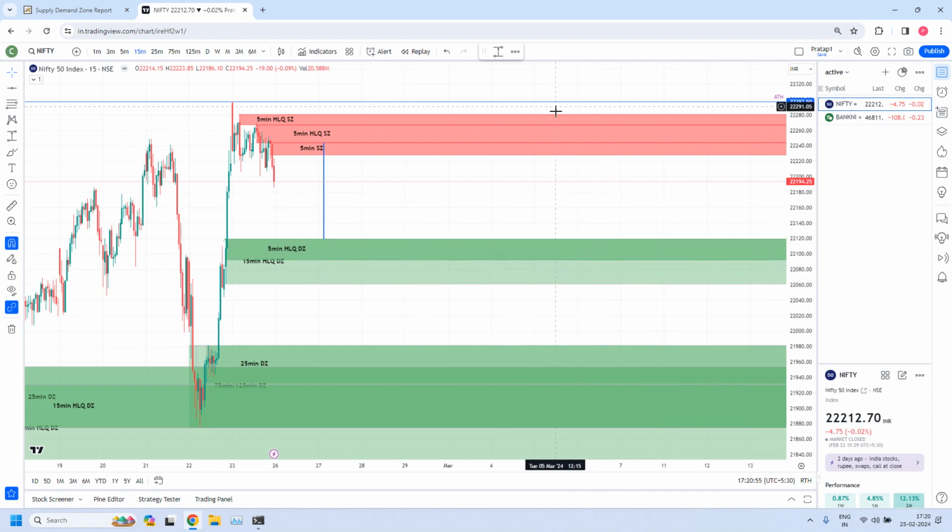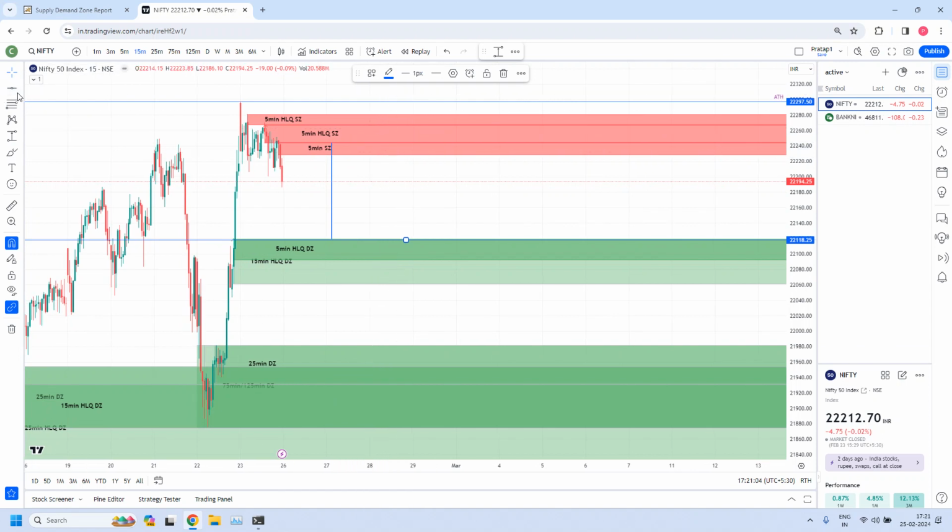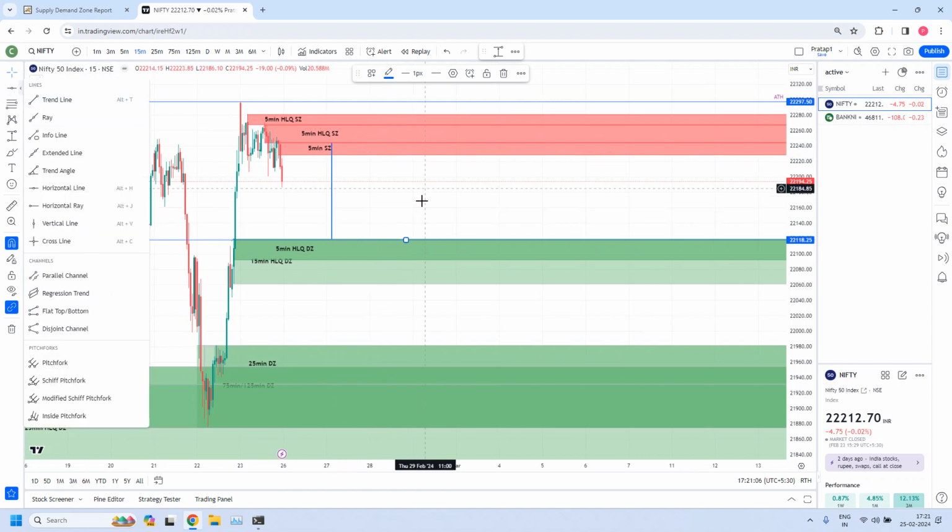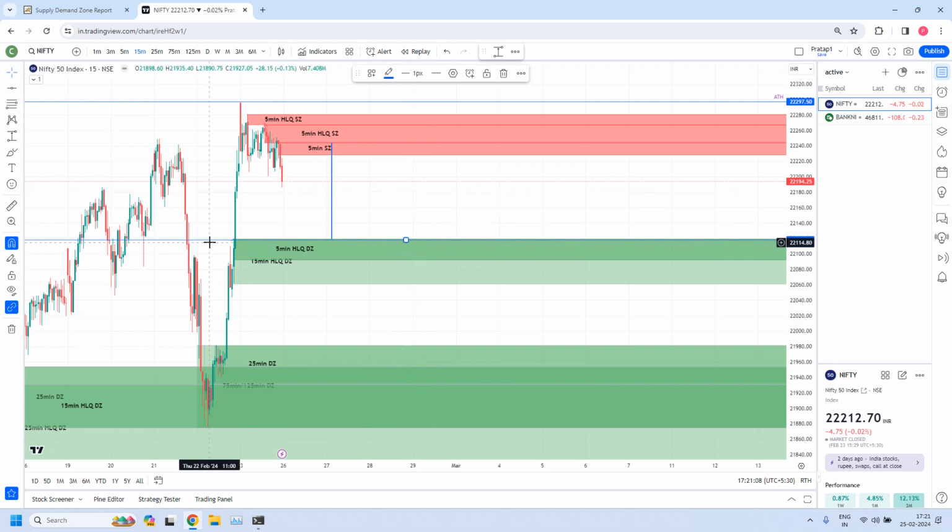This is the 15 minutes range. I am saying 15 minutes range. Let me draw the info line. This is the 15 minutes range.